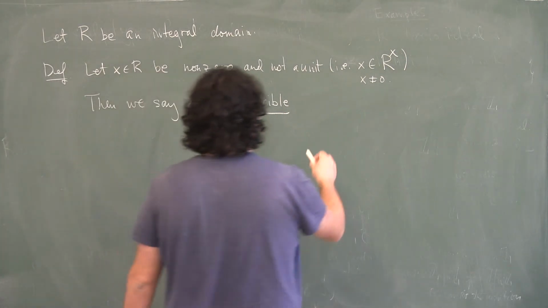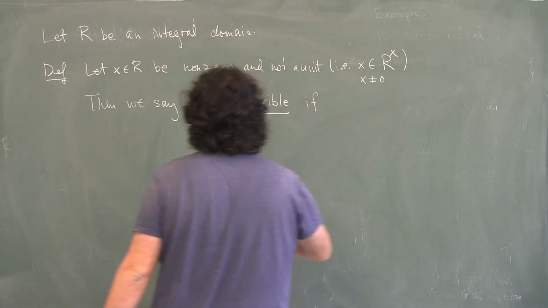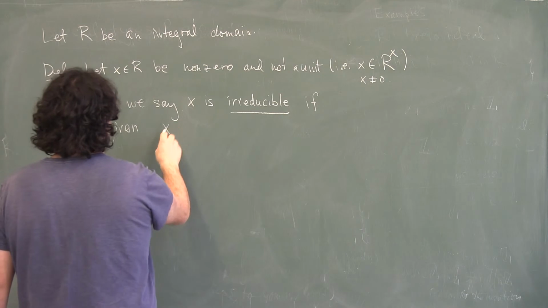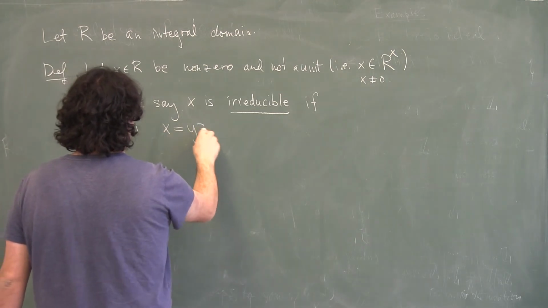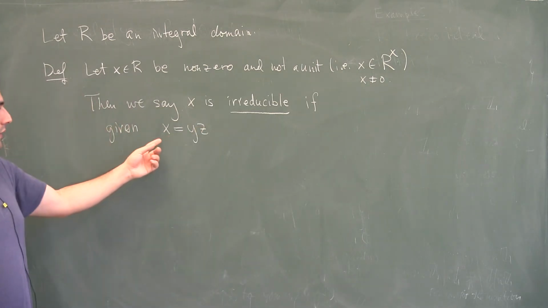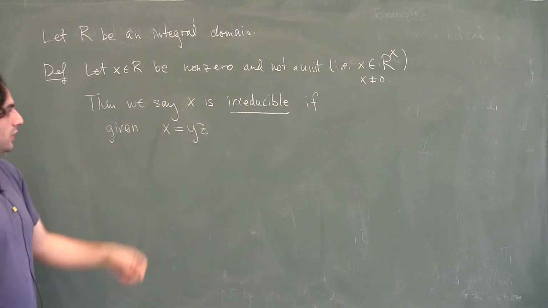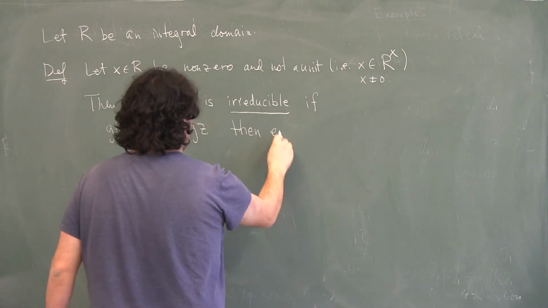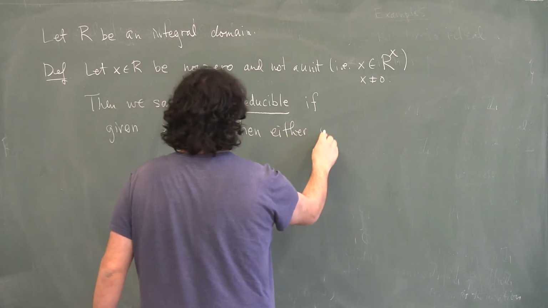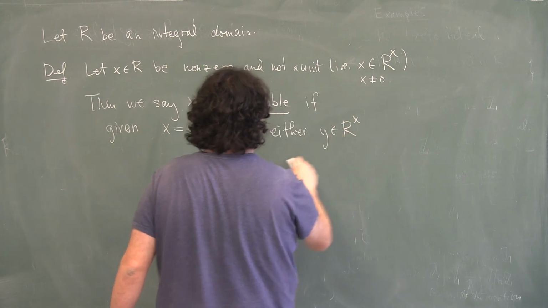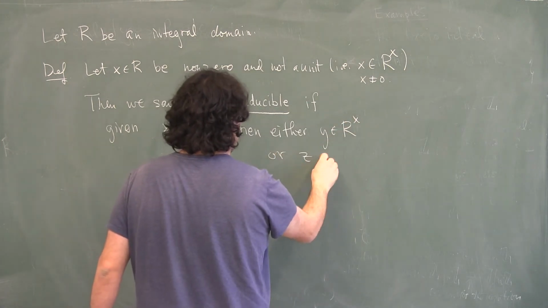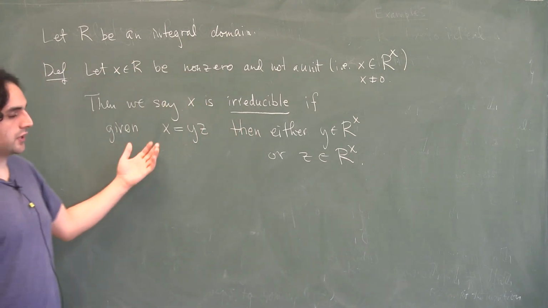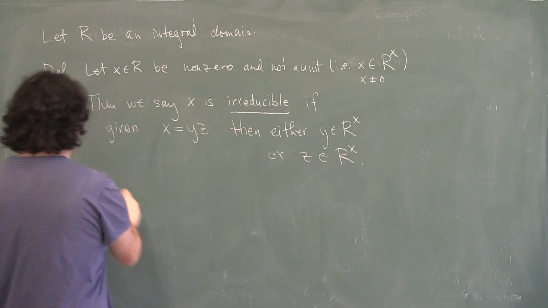Then we say x is irreducible if given x equals y times z, given an equation like this, where we seem to have been factoring it, then either y is a unit or z is a unit. Okay?